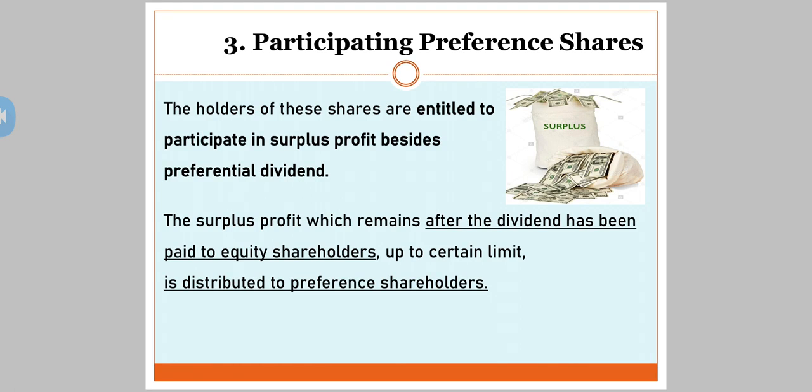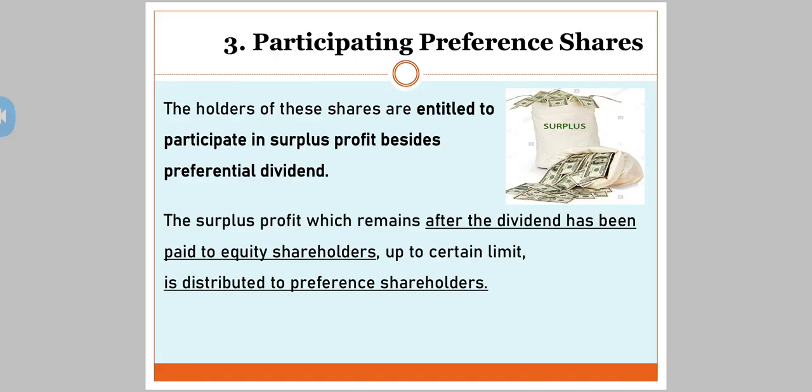That means once the dividend is paid, they are going to participate in the rest of the profit of the company. But that is after paying the equity shareholders. The surplus profit which remains after the dividend has been paid to equity shareholders up to a certain limit is distributed to preference shareholders.